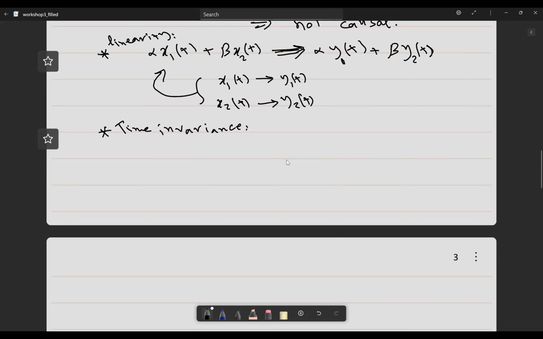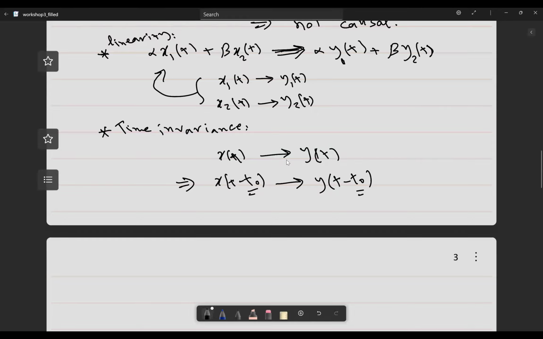So if x(t) as input produces y(t) as output, then if the system is time invariant, x(t minus t0) will produce y(t minus t0), with the same time shift. So if this is satisfied, then the system is time invariant.